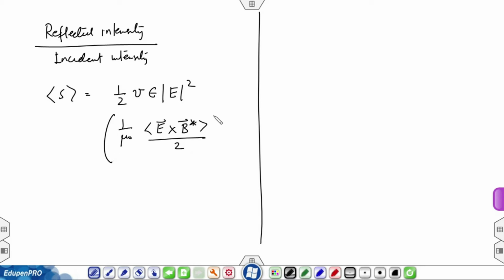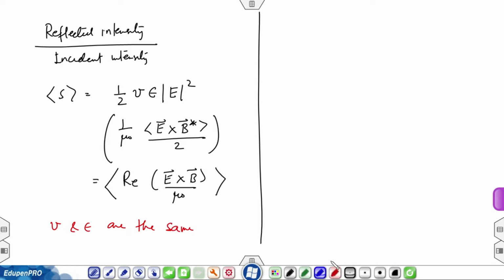This is what we had derived earlier, or which is equivalent to real part of E cross B over mu0 time averaged. It is all the same. Now, in our case, since reflected and incident lights both are in the same medium, V is the same, and epsilon is also the same.